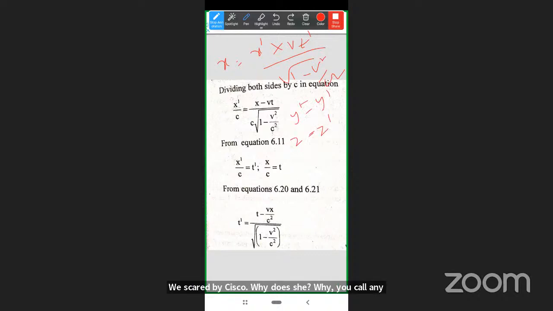Similarly, t is equal to t dash plus vx dash by c square under root of 1 minus v square by c square. These are the four inverse Lorentz transformation equations.